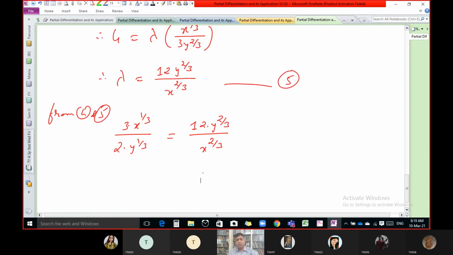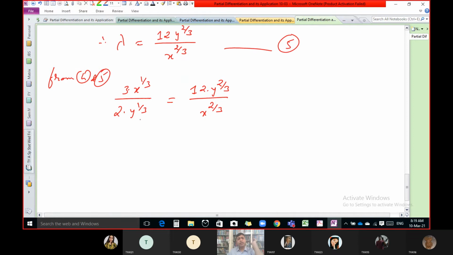Now next step, cross multiply. So what do we get? 3 into x raised to 1 by 3 into x raised to 2 by 3 equal to, if you multiply this 2 with 12, we get 24, y raised to 2 by 3 into y raised to 1 by 3. Now tell me the simplification of this.